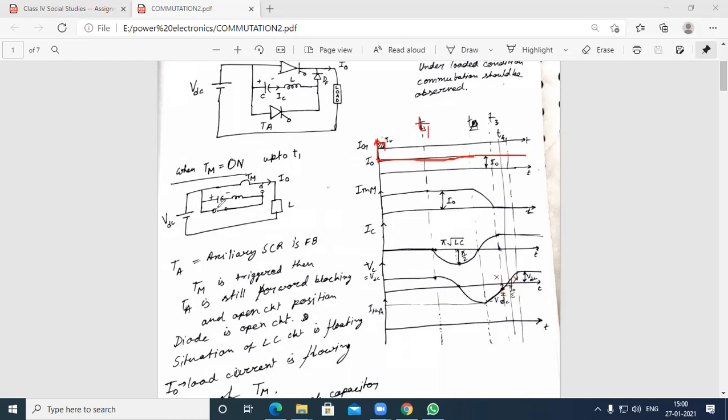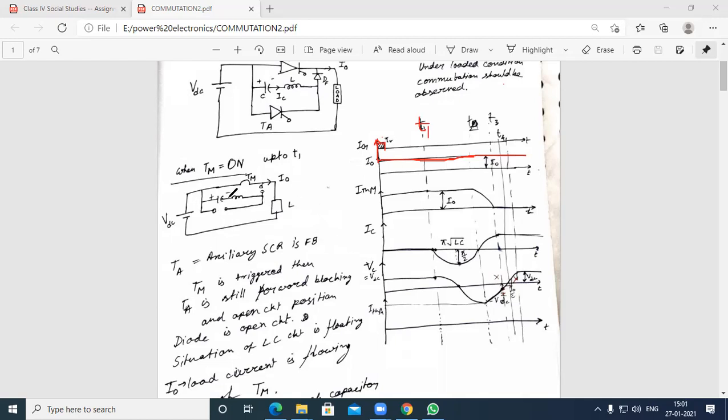Forward blocking state means there is no conduction. So this will be open circuited, and TA will be in the blocking state, in an open circuit position.